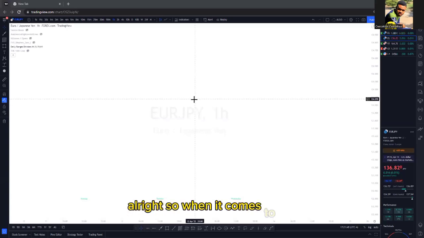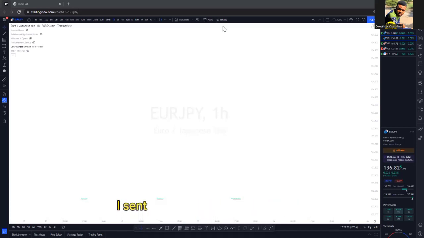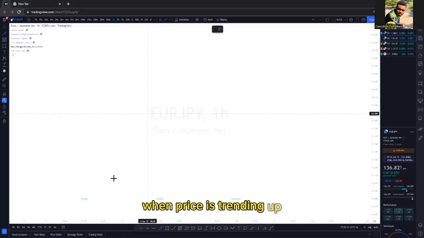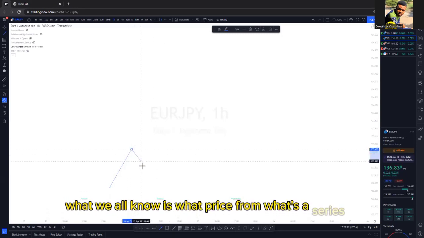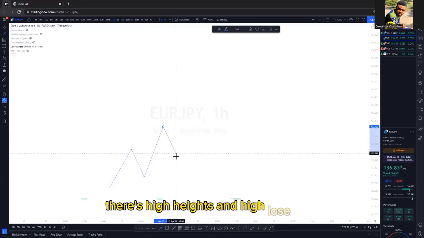All right, so when it comes to advanced market structure, we have two types of structures: the complex pullbacks, and the trending market, as in higher highs and higher lows. Simply put, when price is trending up, what we all know is that price makes a series of higher highs and higher lows.